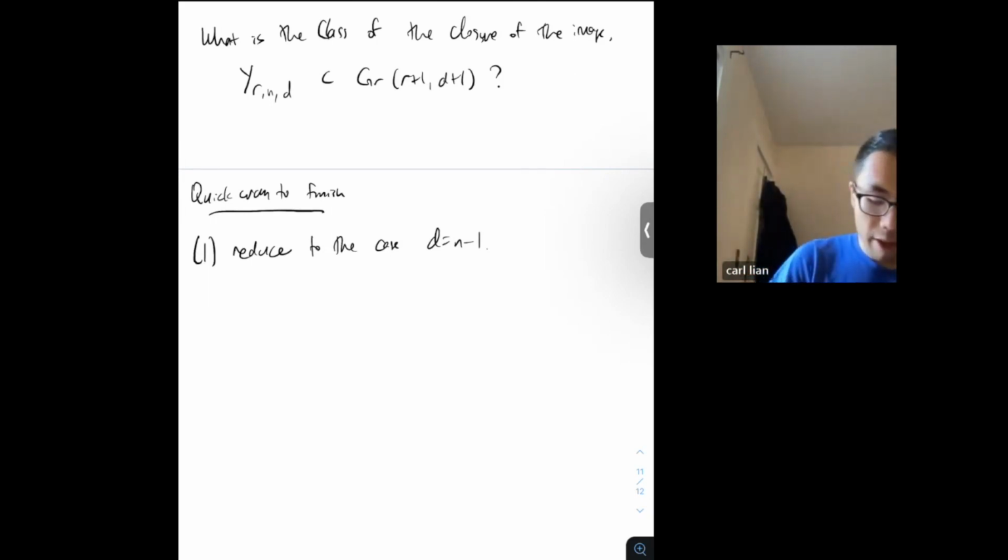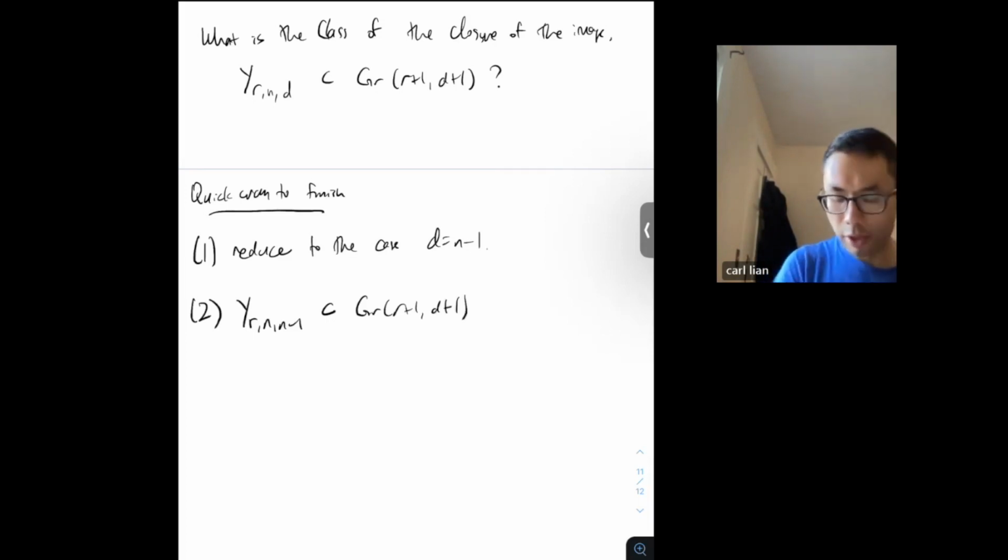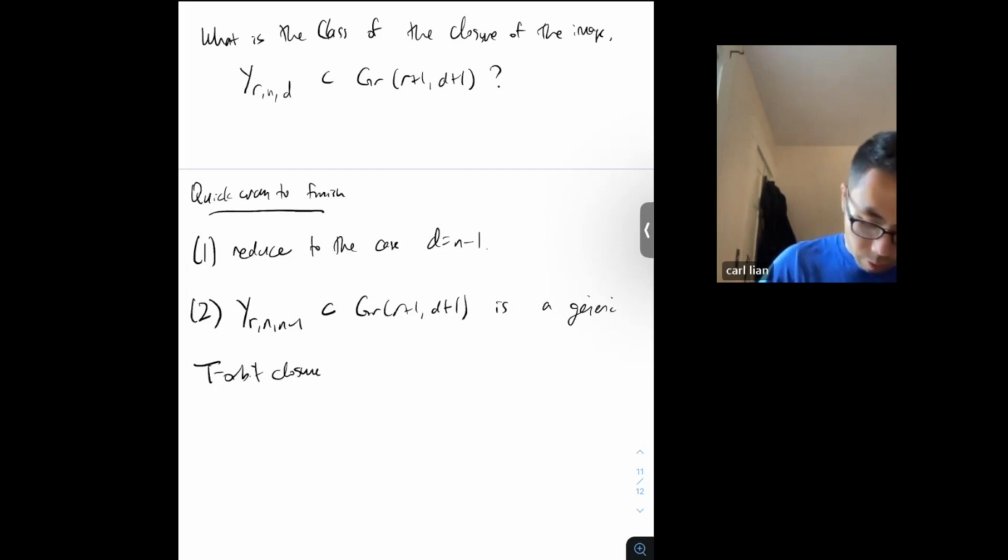But what happens in that case is that, when d is n minus 1, this space, for reasons that are not super hard, turns out to agree with, or I should say is, a generic torus orbit closure.